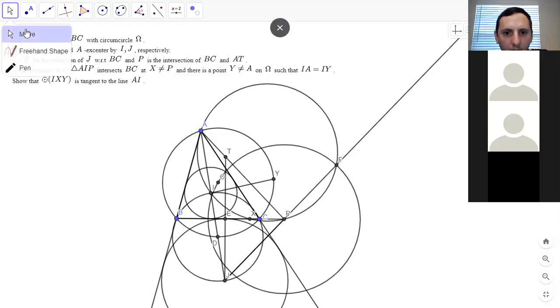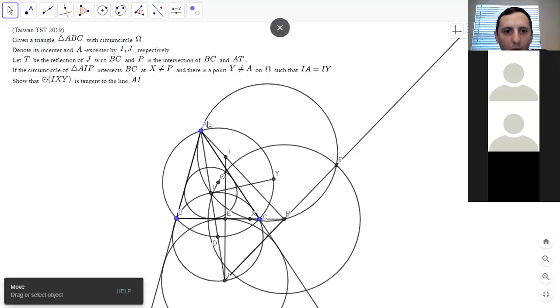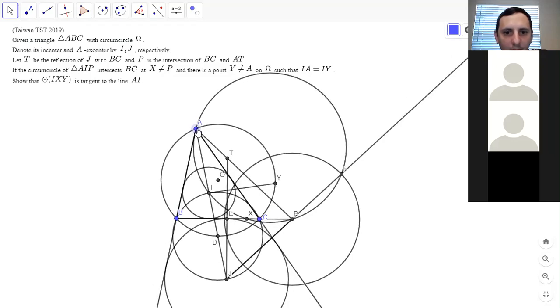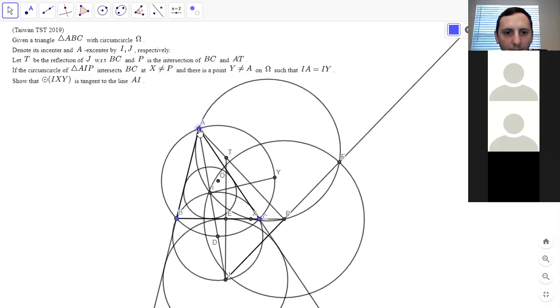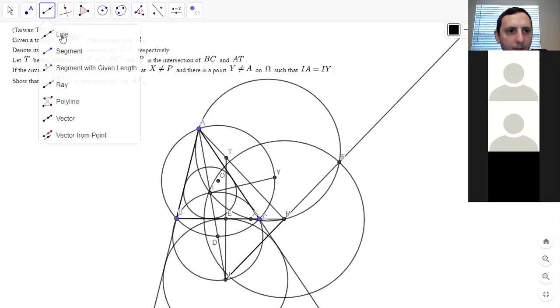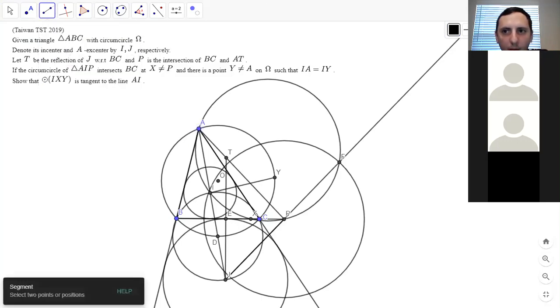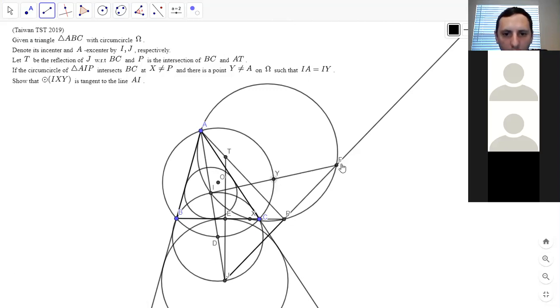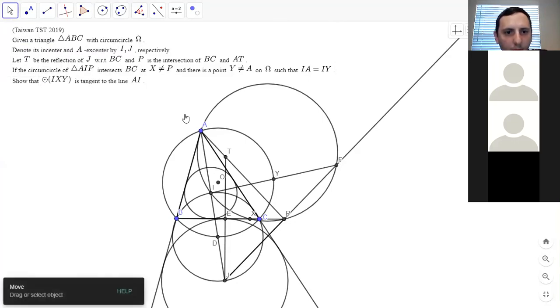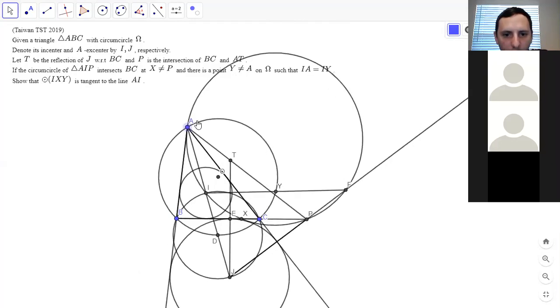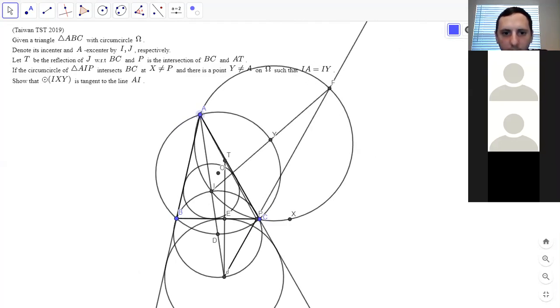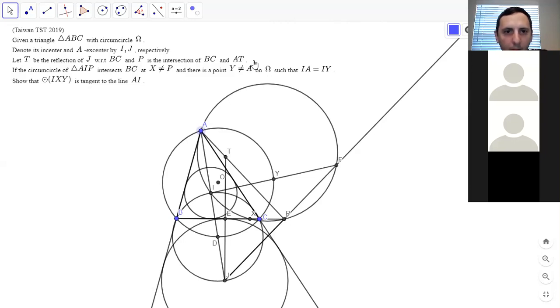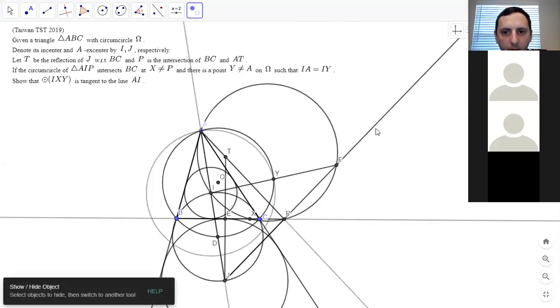Y, F are collinear? IYF, yeah. Okay. Let me move it around. Yeah, they're collinear. I don't know the proof yet, but they look collinear.